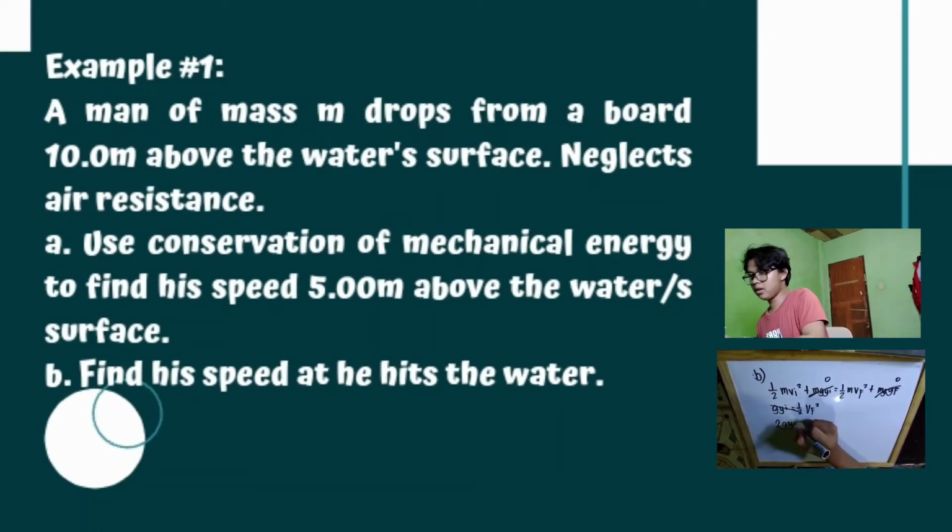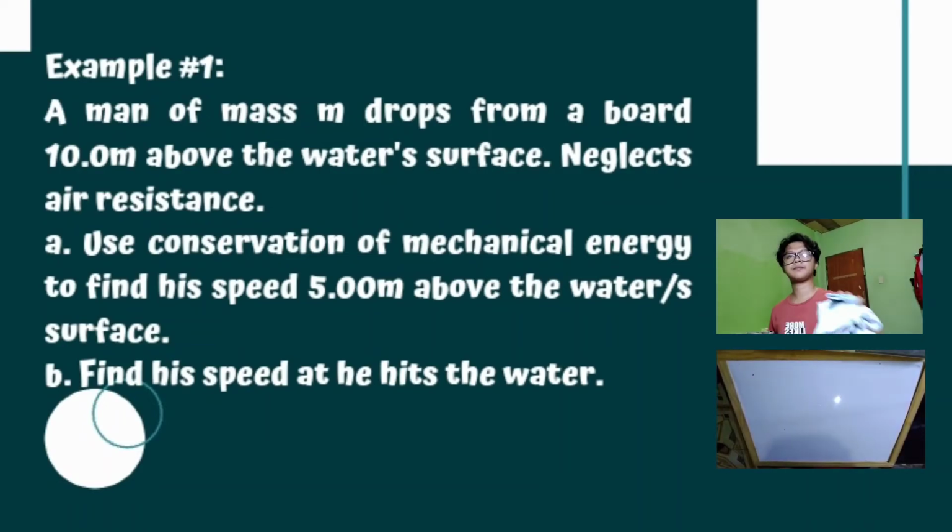So our final velocity is equal to 9.9 meters per second. This is his velocity at the point of 5.00 meters. So let's move to letter B.